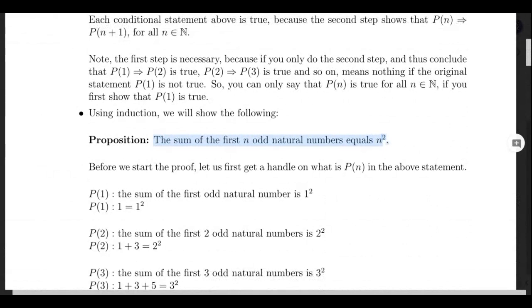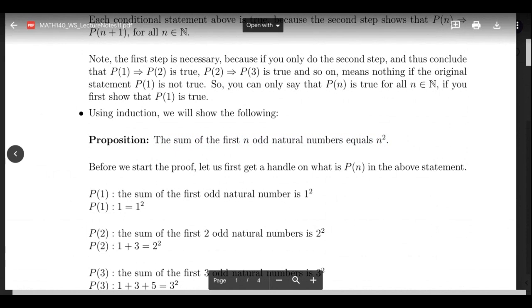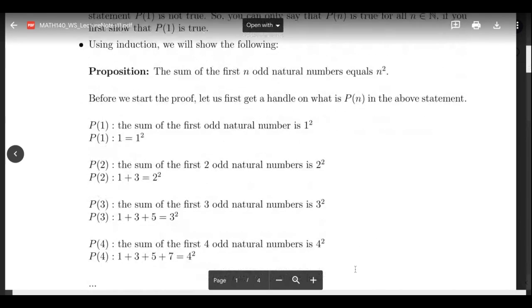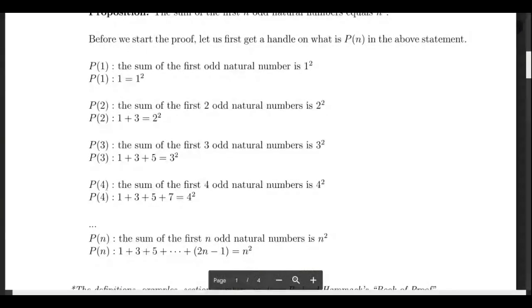The sum of the first n odd natural numbers equal to n squared. Okay, anyone has any question?